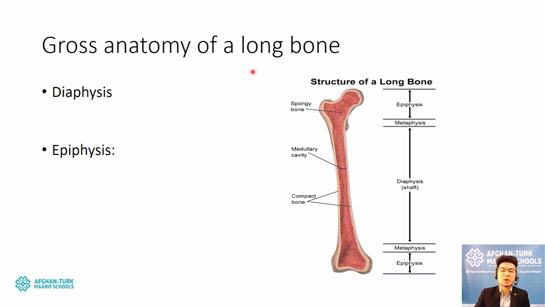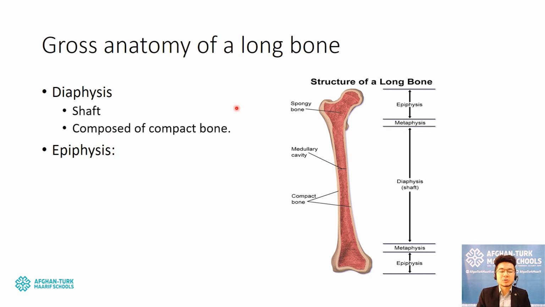Gross anatomy of a long bone. How a long bone is made. A long bone is made of two basic parts. The first one is the epiphyses, which are the endings of the bone, and the diaphysis is the space between these two endings.